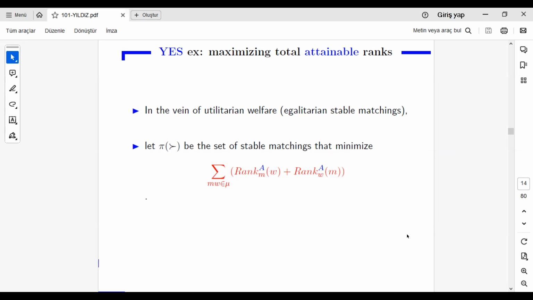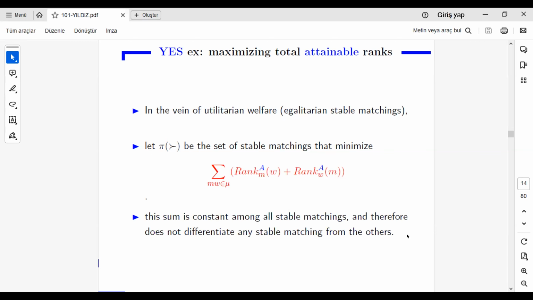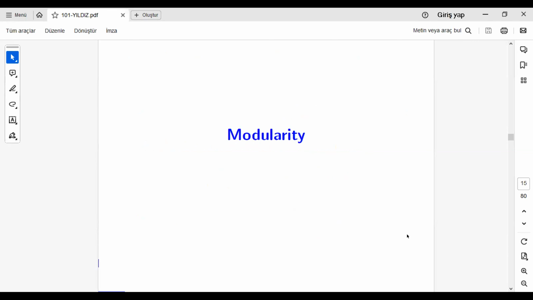So if Elena is unattainable to me, my first best doesn't count. But it turns out, in a cynical way, that if I were to minimize this objective function, then I don't get anything because this sum is constant among all stable matchings, every element of the lattice.